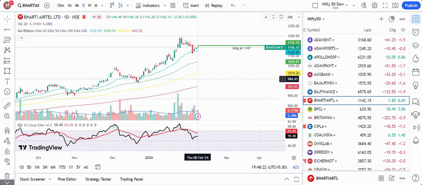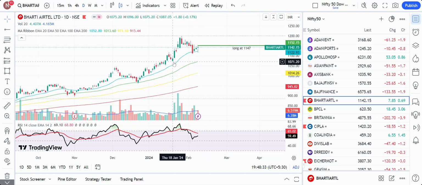Now, where do we place the stop loss? We need to place it at an appropriate level. You can either place it here below the swing low. One can place it at 1106. You can ideally place your stop loss somewhere around here.